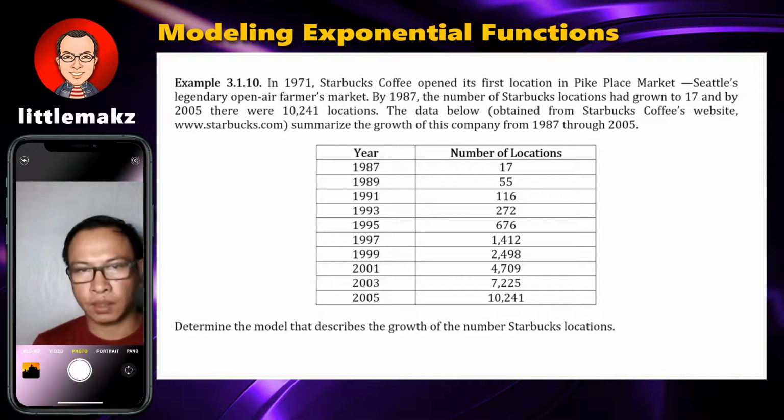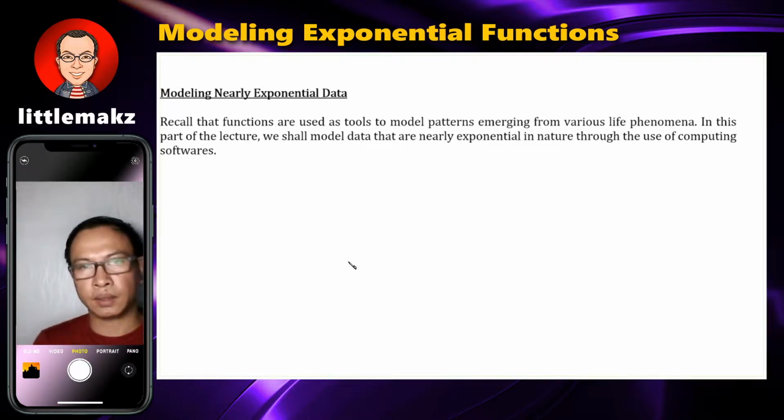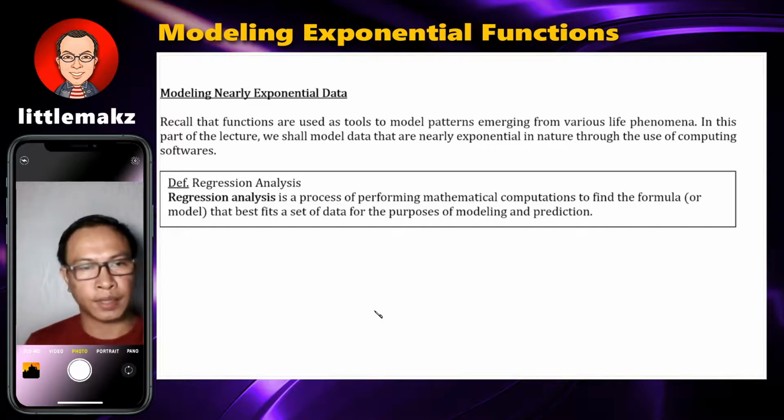So first we talk about modeling nearly exponential data. Functions are used to model patterns. Now there is the so-called regression analysis, which is defined as a process of performing mathematical computations to find the formula or model. So in this case, we're going to find the model that would answer our question earlier.